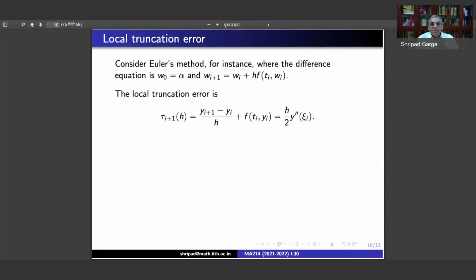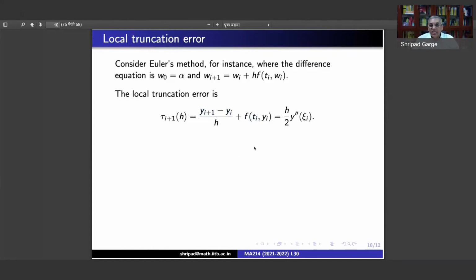So y_{i+1} will be y_i plus h f(t_i, y_i) plus h square by 2 y double prime at xi. So the y_i gets cancelled here itself. What is left is h f(t_i, y_i). If you cancel the h in the numerator and denominator, you will have cancelled this part also, and then the other things will be there.